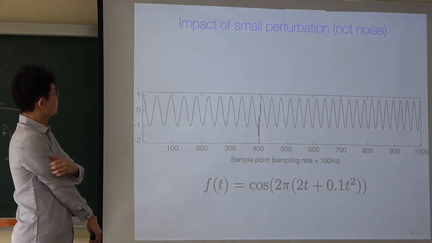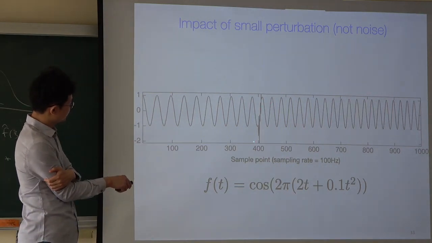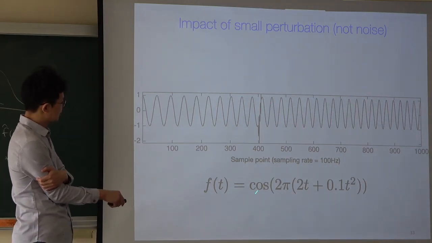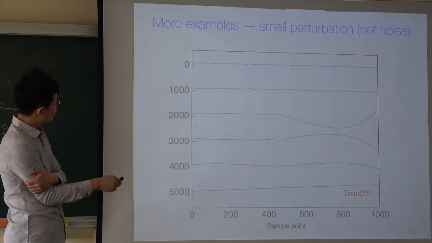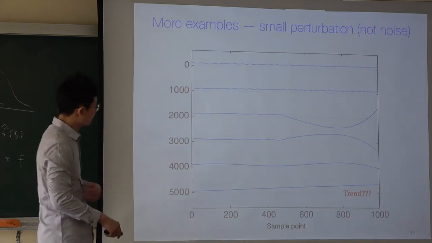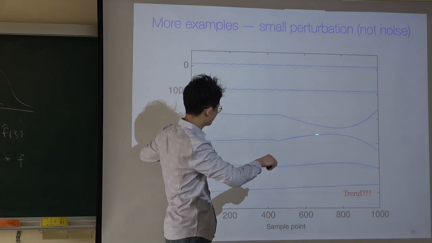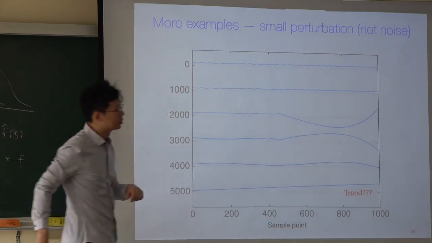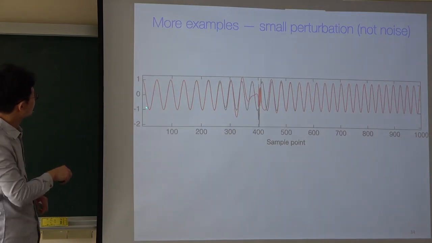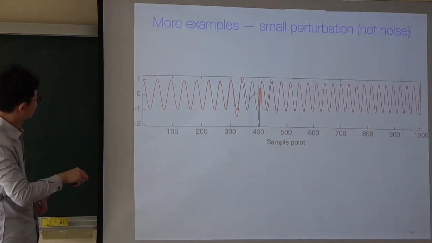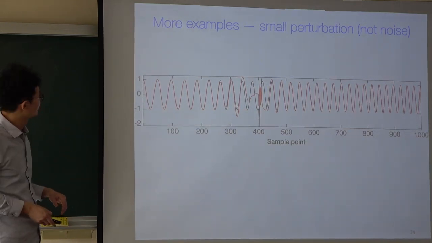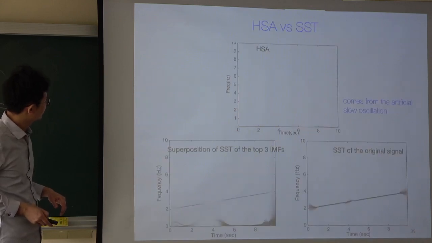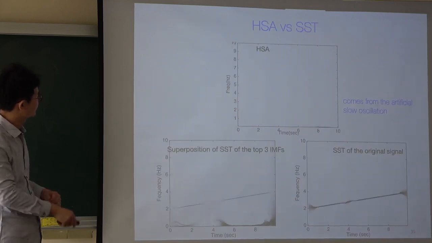And that is the impact of small perturbation. I just put some small perturbation in the middle, and this is the ground truth signal, and this is the result. You can see there are some very interesting, huge fluctuations, even a trend. So after decomposition, that is what you have. Weird. And this is the Hilbert spectrum.